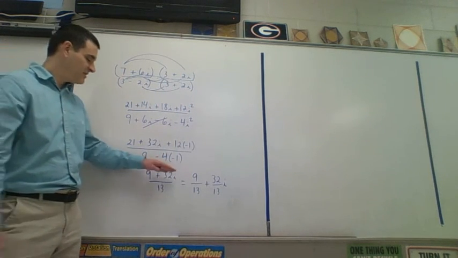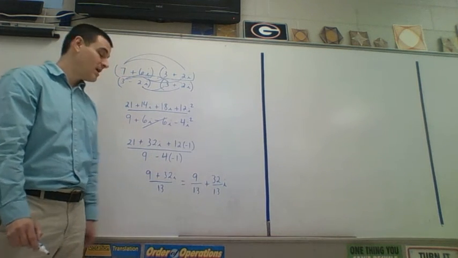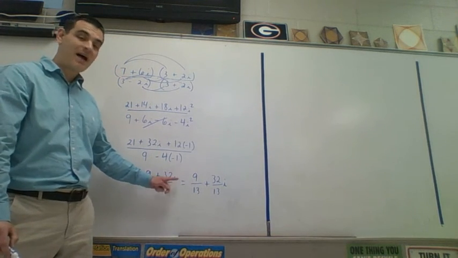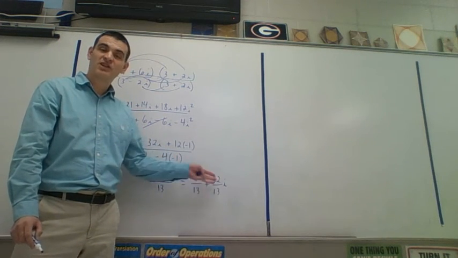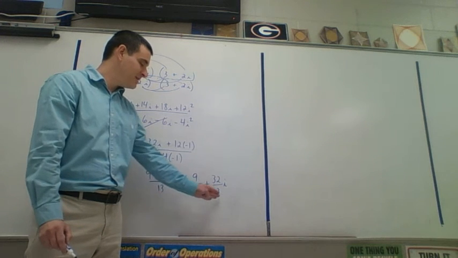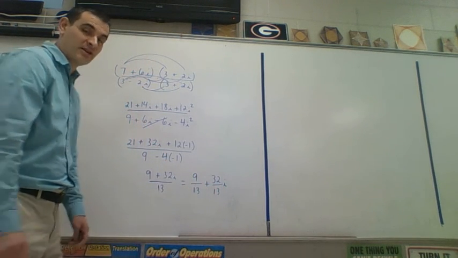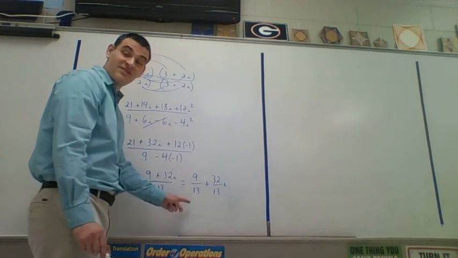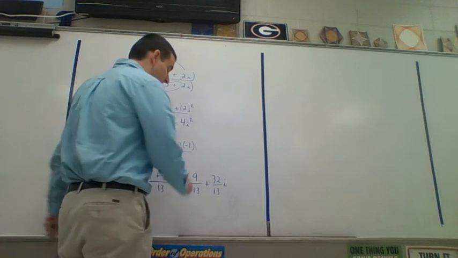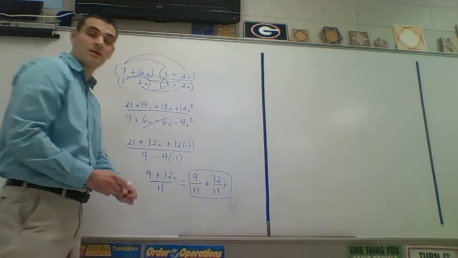If you have this set up where you're adding over a single number, you can separate it into two fractions if you'd like. Also the i, which appears to be on top here, I did slide over to the side, which is equivalent to being on top. And this puts it in that form a plus bi, the real part being 9/13, and the imaginary part being 32/13 i. But that would be correct.